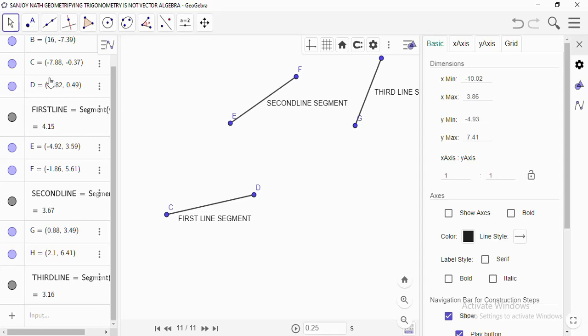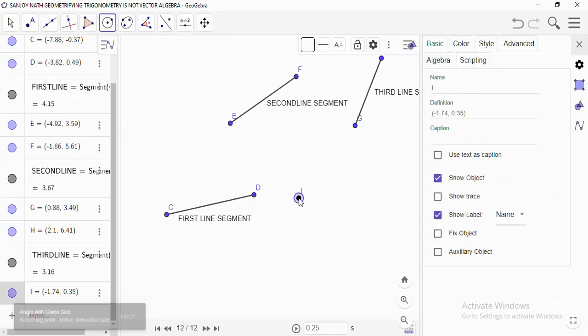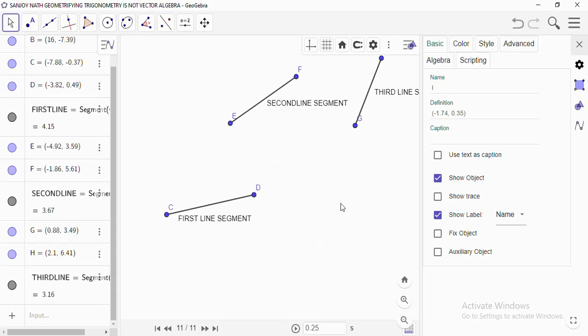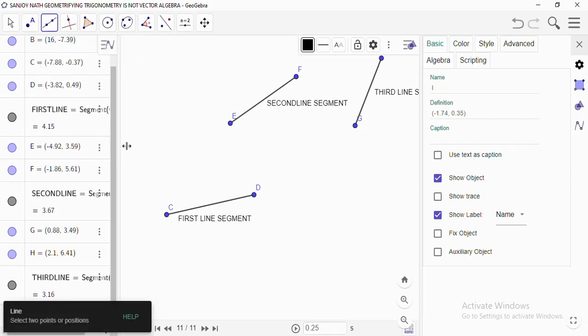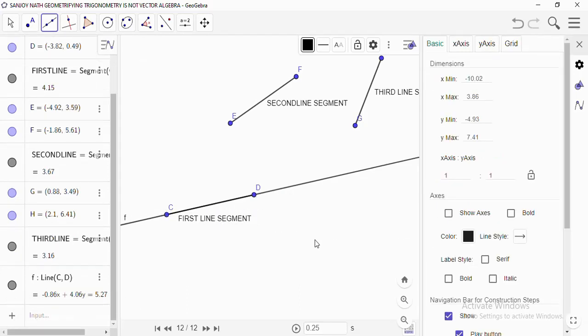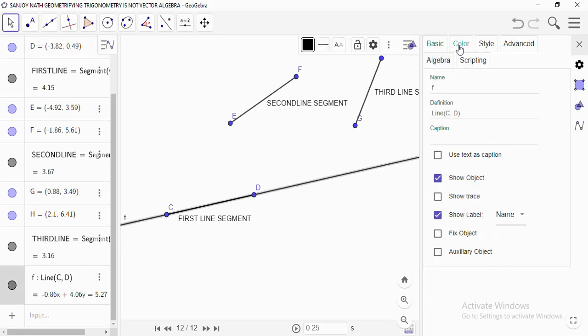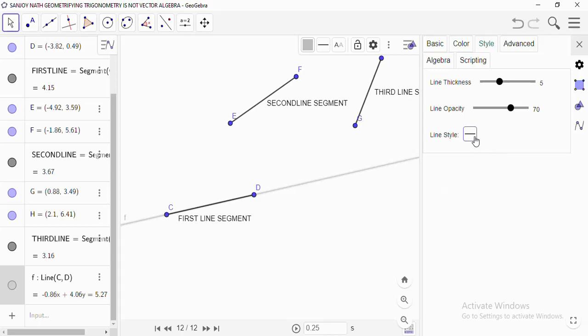Here we will draw a circle. But before drawing the circle, we will draw an infinite line from the first line. The infinite line is gray, with a line style like this and very little thickness.